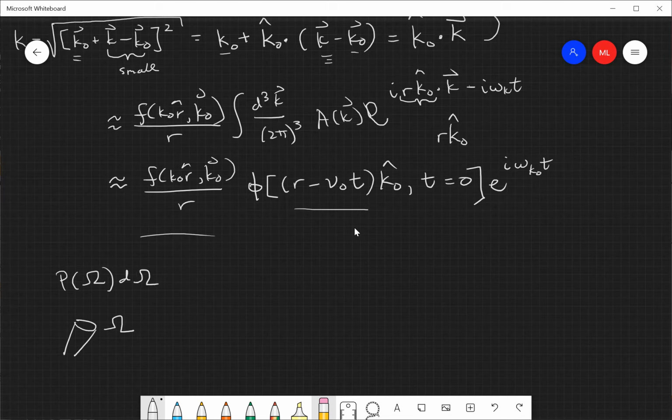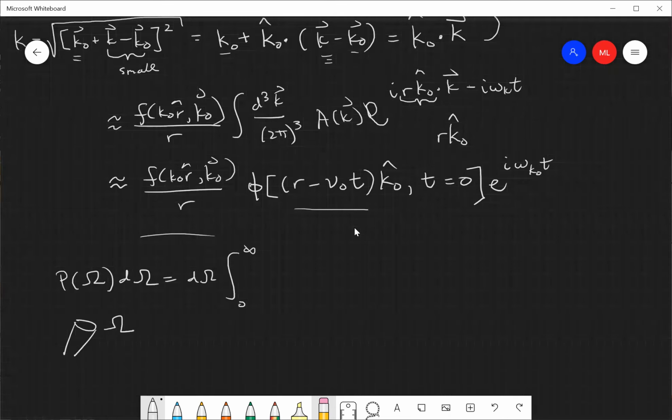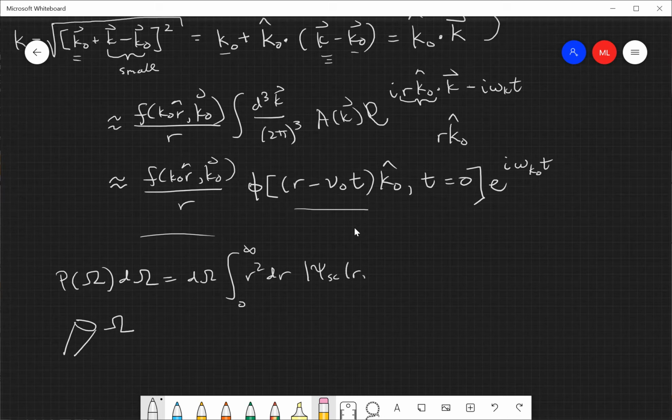If you were to do that, what you would want to calculate is d omega times the integral of all the radial pieces of that wave function, so r squared dr, the magnitude of the scattered portion, squared. That'll just give you the probability, right?